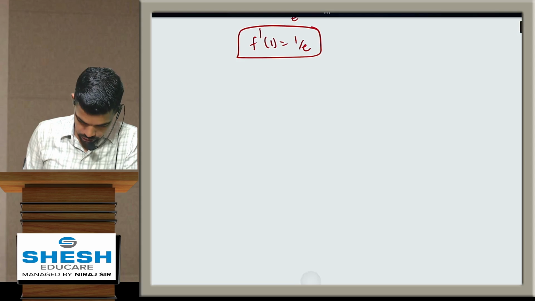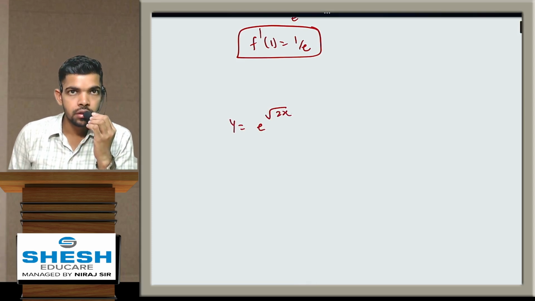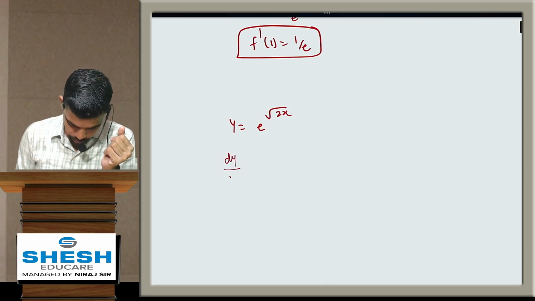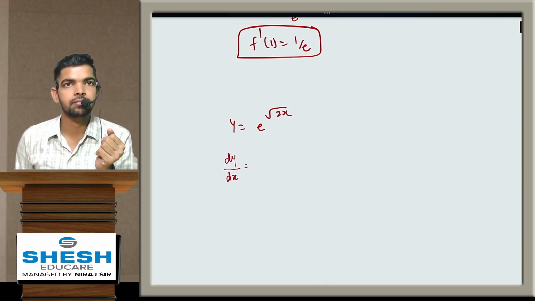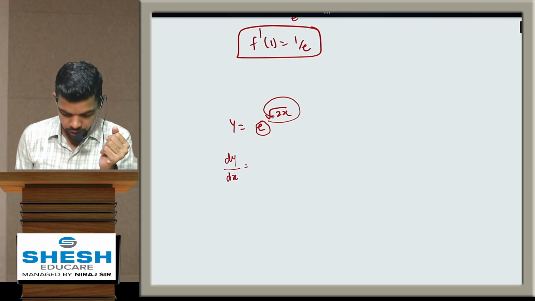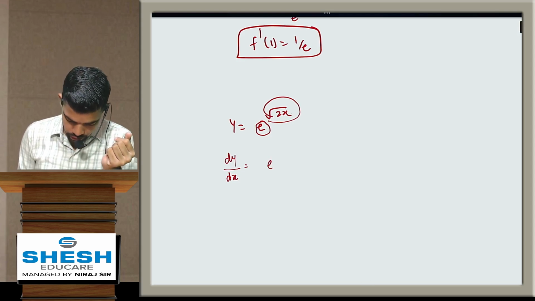Let's take y is equals to e to the power root 2x. Y is e to the power root 2x, and we have to find what will be dy by dx. So this is of the form e raised to x, so उसका डेरिवेटिव क्या होता है? e raised to x.